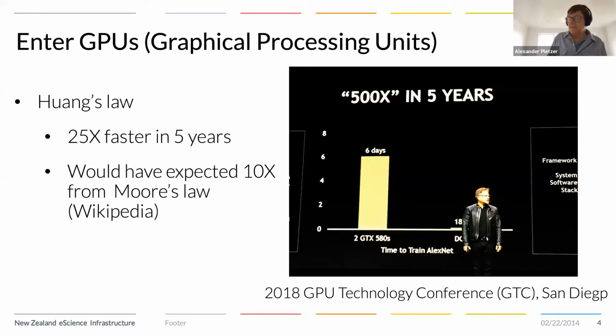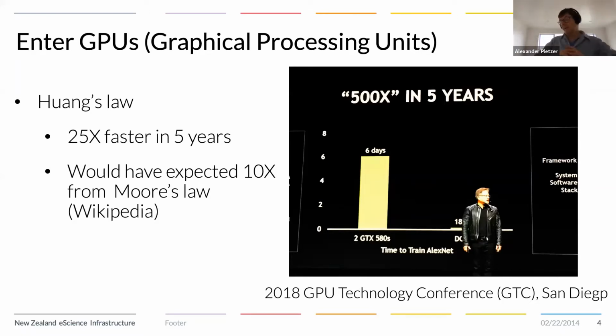But then there's something else that came into play, which are called the GPUs, or the graphical processing units. Everybody has heard about Moore's law, which means that computing power doubles every 2 years or 1.5 years or something like that. Well, this is a purely empirical law.